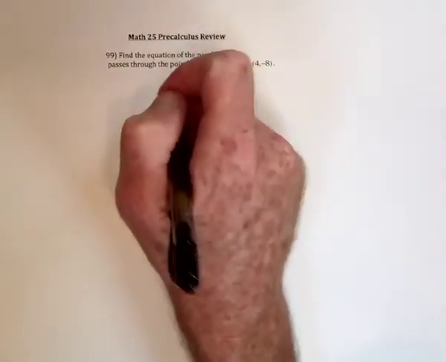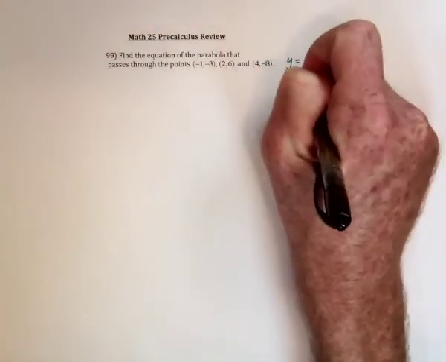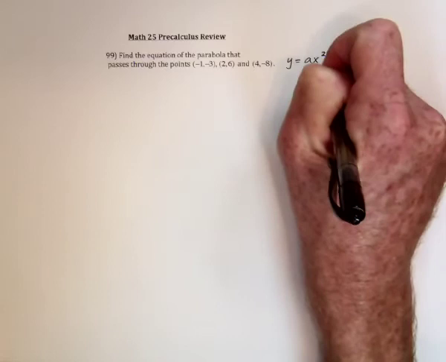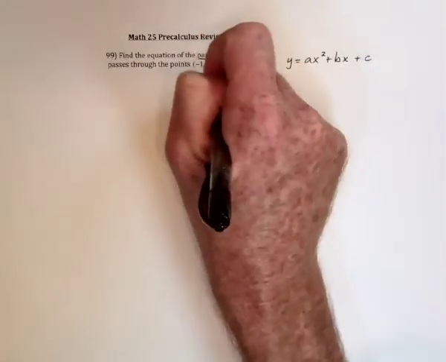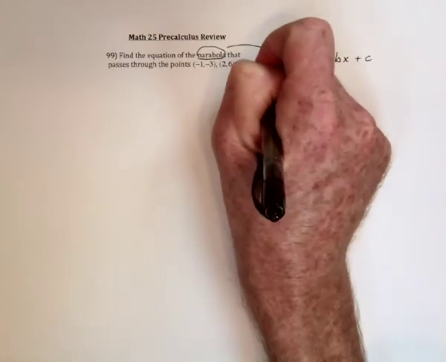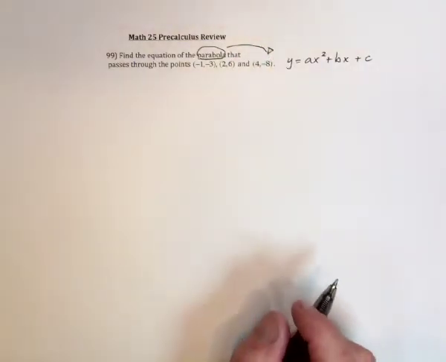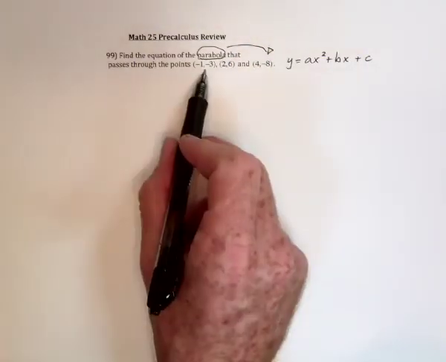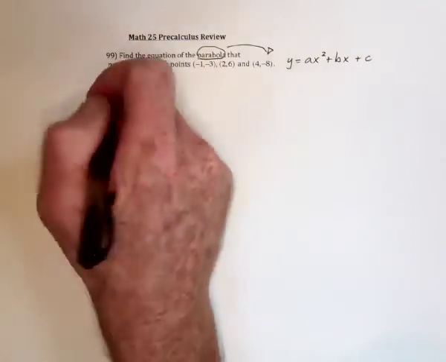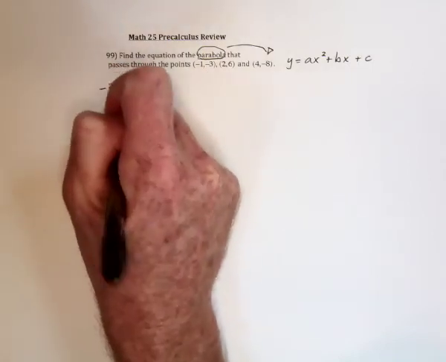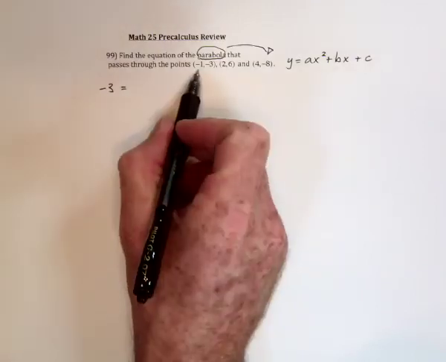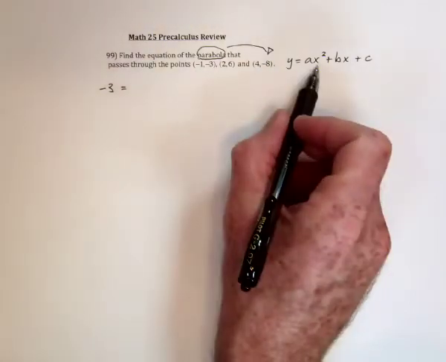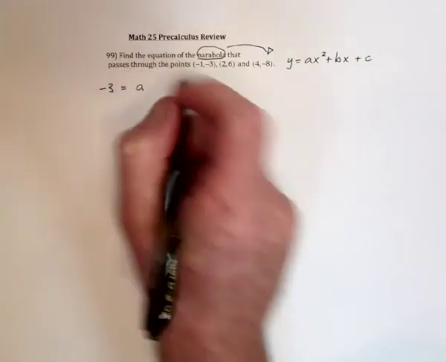So it's going to be using y equals ax squared plus bx plus c, because it's a parabola. So the y value would be -3, and then substitute this for x. So here it's going to be squared, that means it's just a.